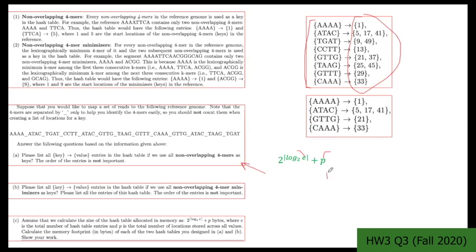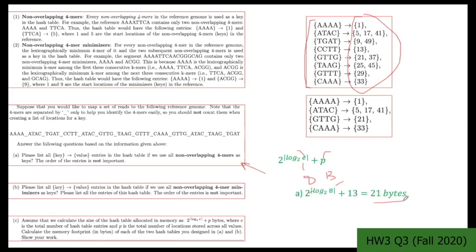So we have 13 locations and 8 entries. Calculating the equation with these two parameters will give you the memory footprint in bytes for the first one, which is 21 bytes.